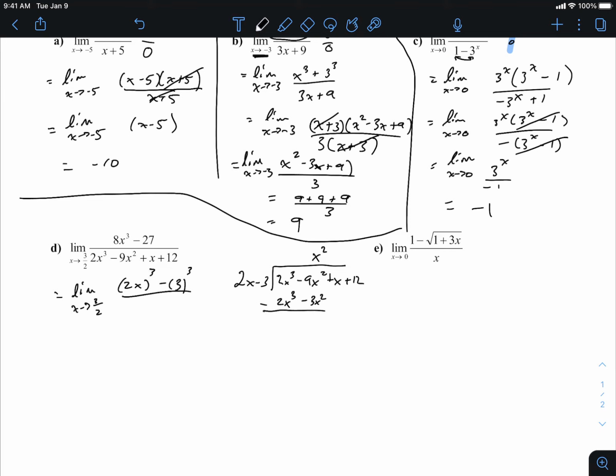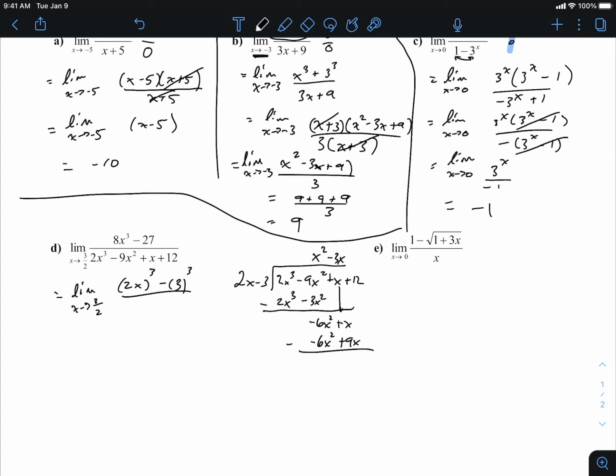Then I'm going to see, well, negative 9 minus negative 3 is going to be negative 6x squared, and I'm going to bring the x down, so plus x. Then I divide in again, and I see a minus 3x. Do the same thing, we get negative 6x squared plus 9x.